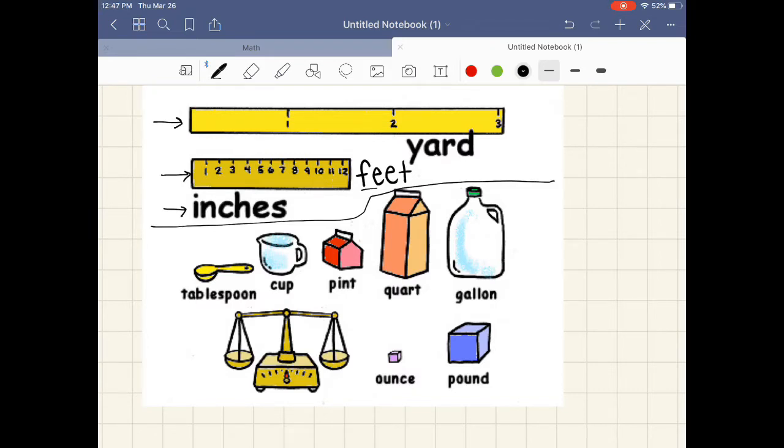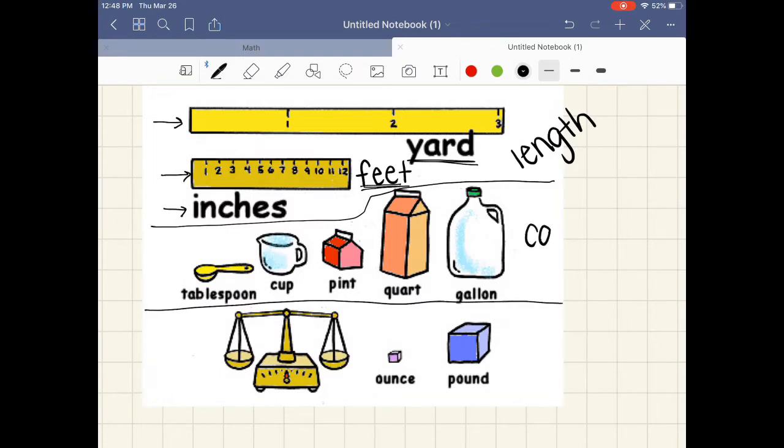Next, we have our units of capacity. The things underneath are units of capacity. They measure liquid. You can go to the store and buy some milk or soda. Ice cream also counts for those measurements of capacity. So we have our tablespoon, our cup, our pint, our quart, and our gallon.